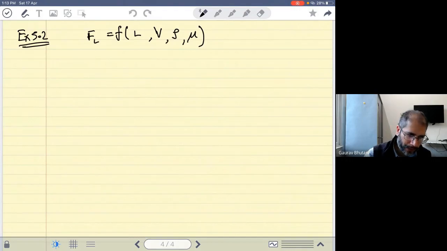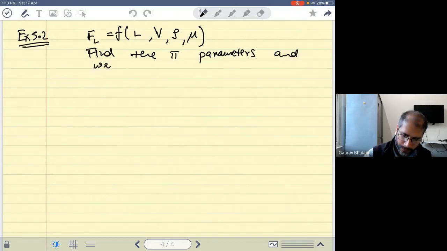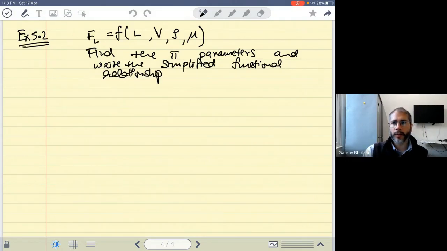The question is, find the pi parameters and write the simplified functional relationship.